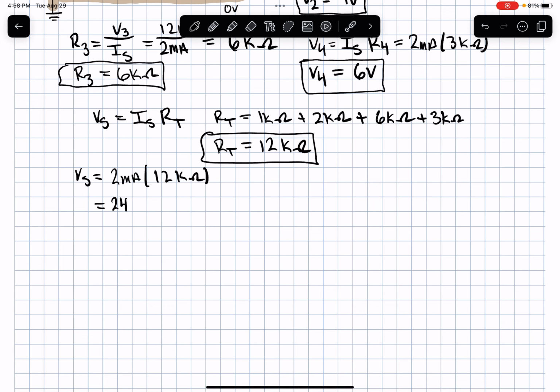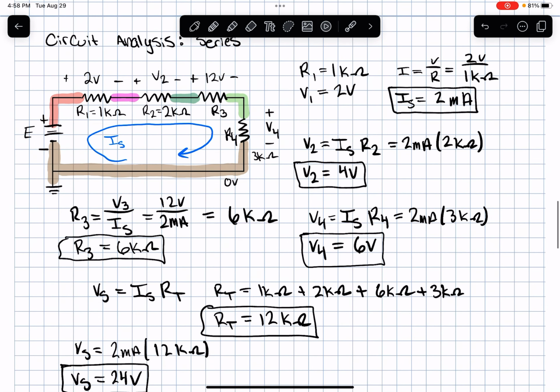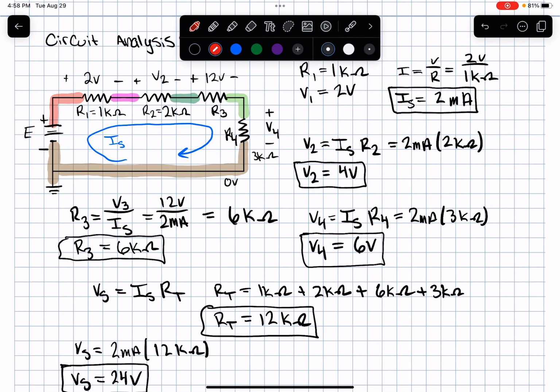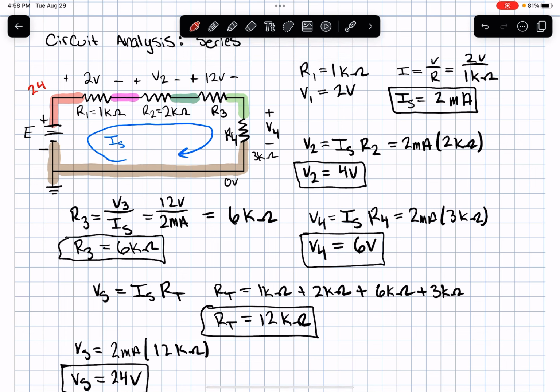Amps, ohms is volts, and there is your answer, 24 volts. Now keep in mind this red node is going to be 24 volts, right, because this is shooting out 24 volts. So this whole node right here is 24 volts.